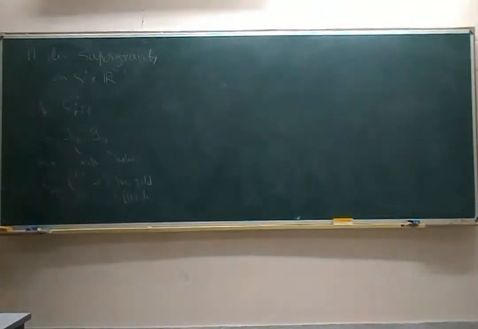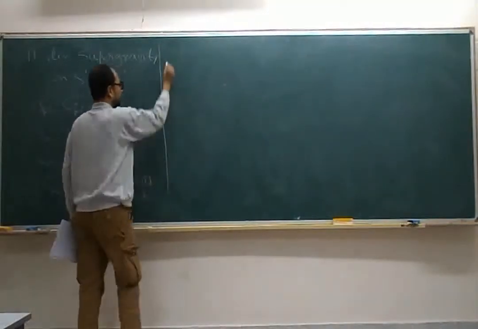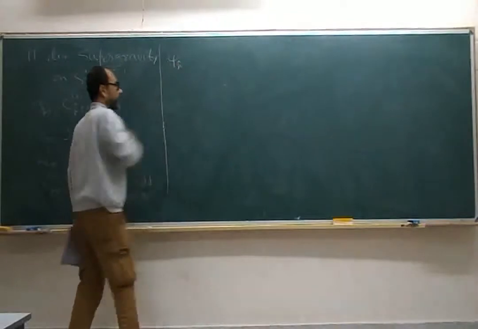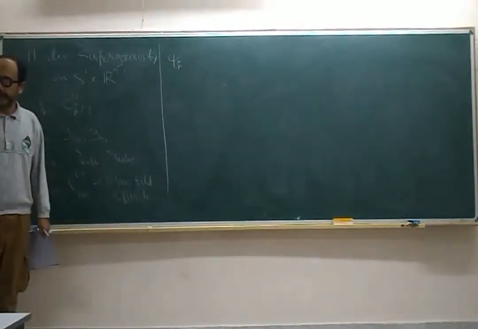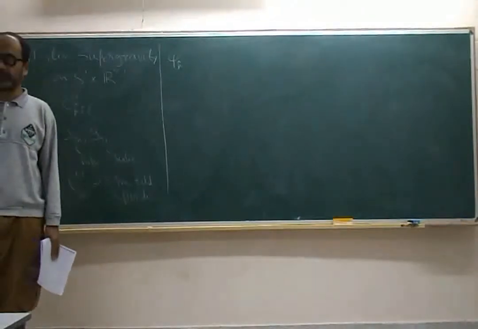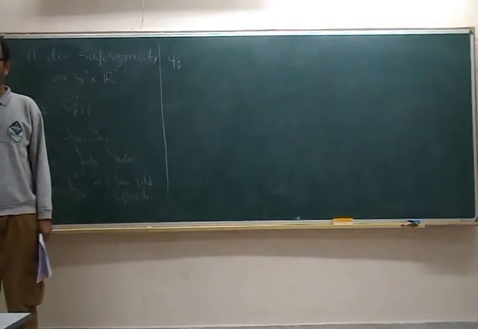Okay. In fact, it's also not hard to see that the fermionic field content will be the same. So what is the fermionic field content? We begin with psi mu hat, which is the 11-dimensional spinor, right? Because in 11 dimensions there is a gravitino. Now a spinor in 11 dimensions, because there is no chirality, is 32 dimensional.